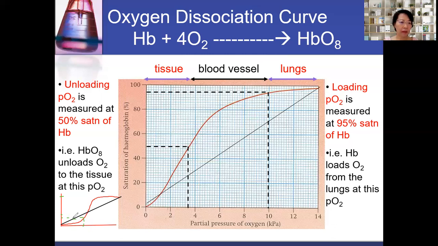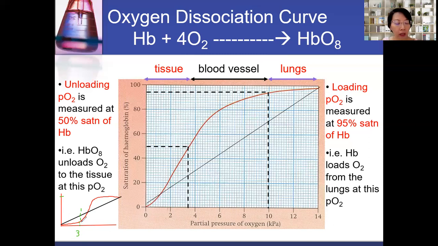Never mind, just use a line to indicate 50%. Let's say this is 3 kilopascal. The partial pressure of oxygen is now at 3 kilopascal in the tissue.